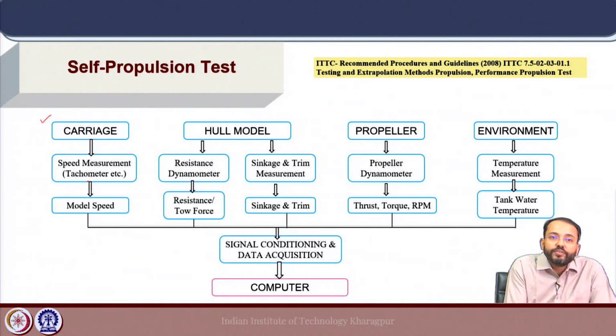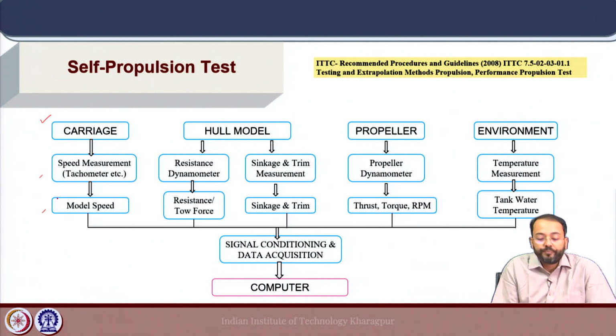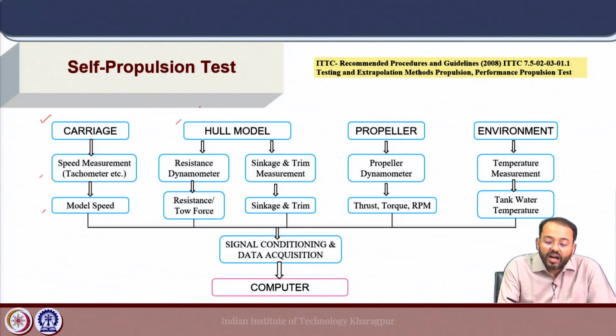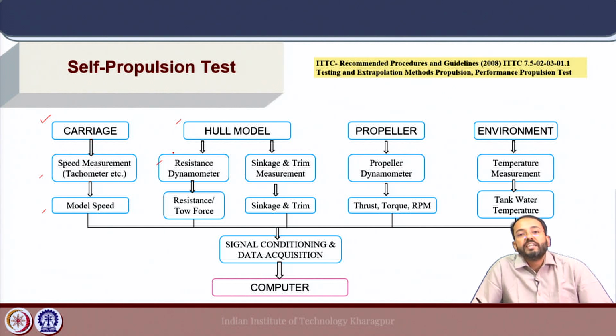In the carriage, we have the speed measurement system which measures the model speed. Next, on the hull model, we have the resistance dynamometer which is measuring the resistance or the tow force in this case.